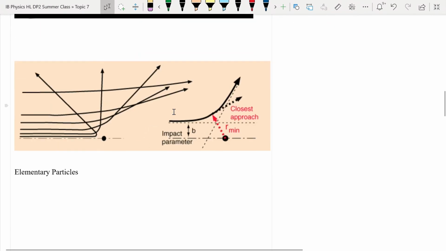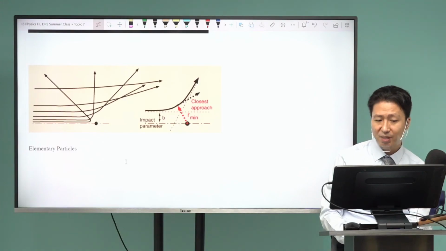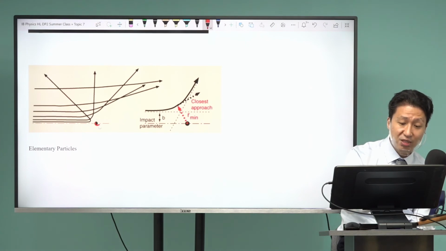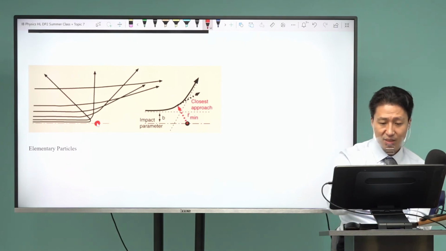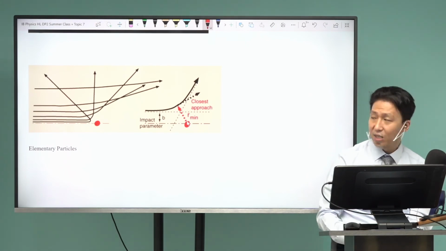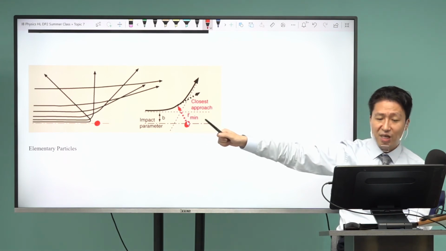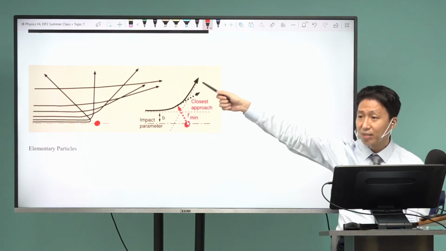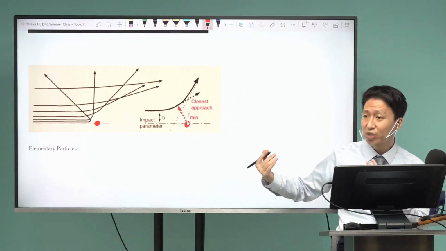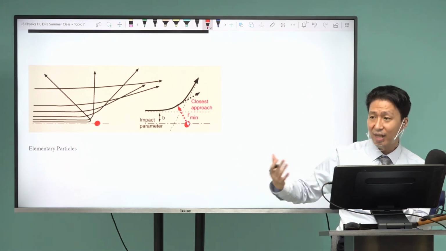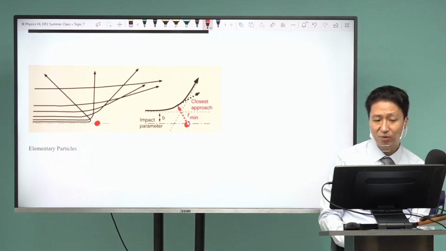Right. So what actually happened was, the only way this could have happened is if there was something very, very dense in the center of the atom. Right, now we know this is the nucleus, right? And because of this nucleus, the alpha particle comes close and can be deflected at the large angles that they detected in the experiment.